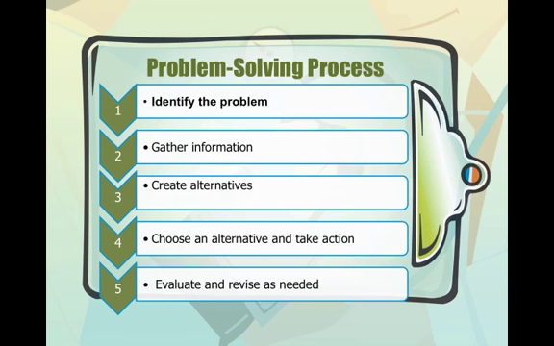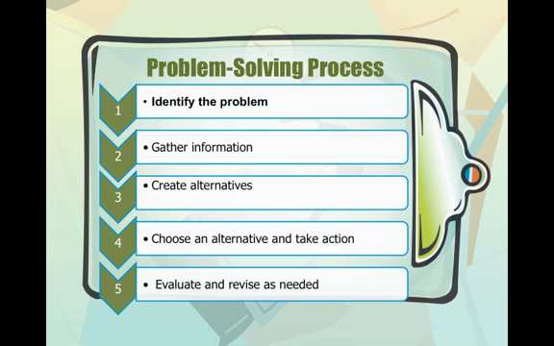So the problem-solving process is really an organized, sequential way, with steps, that can be used to identify and manage just about any problem, even in your daily life. The first step is to identify the problem.